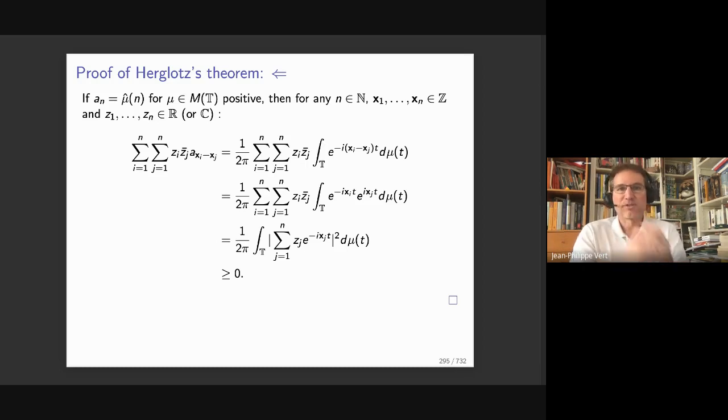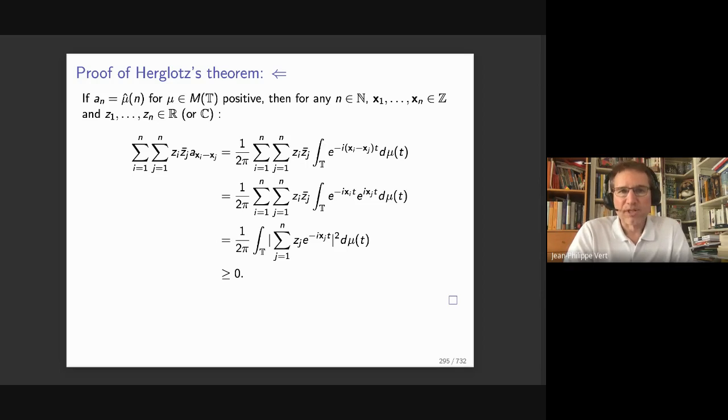So the easy part is to prove that if a_n is the Fourier transform of a positive measure, then the kernel is positive definite. So we already discussed the symmetry. The only property to check is if you take any integer n, any sequence of integers x1, ..., xn, and any sequence of real numbers z1, ..., zn, we need to compute the double sum of z_i z_j times the kernel between x_i and x_j.